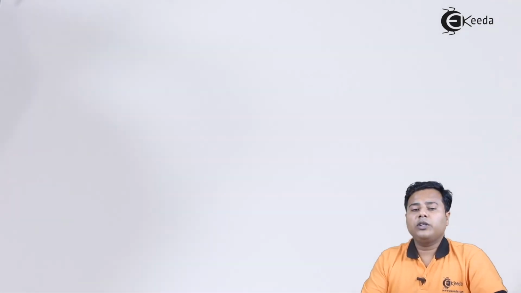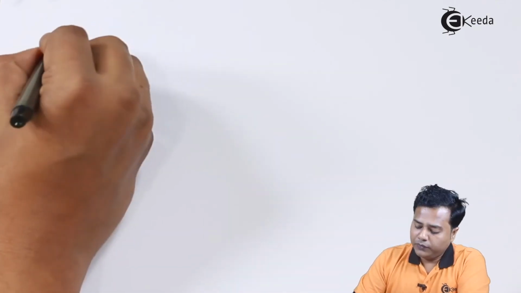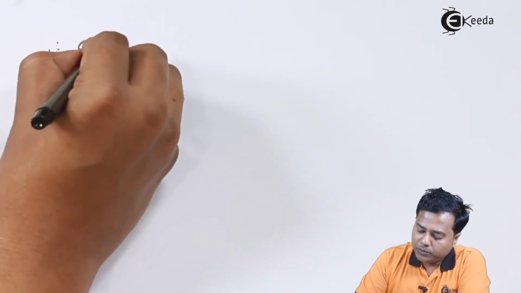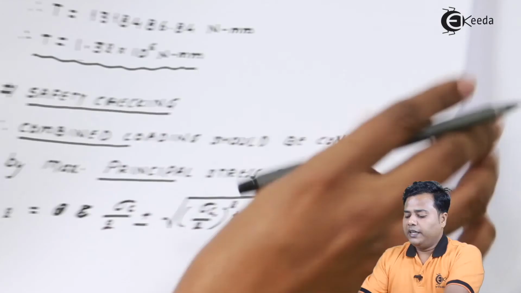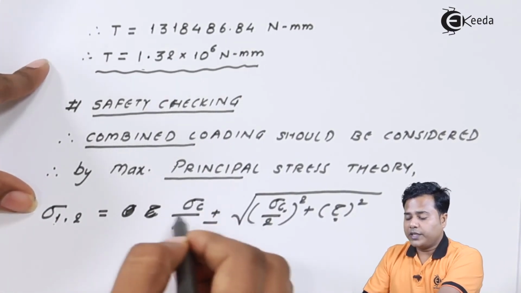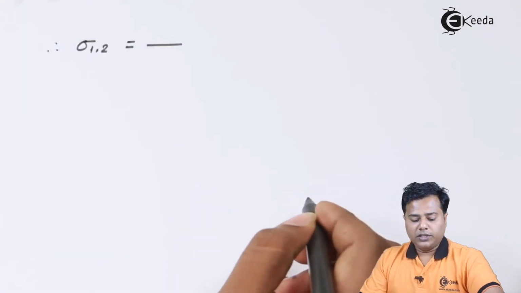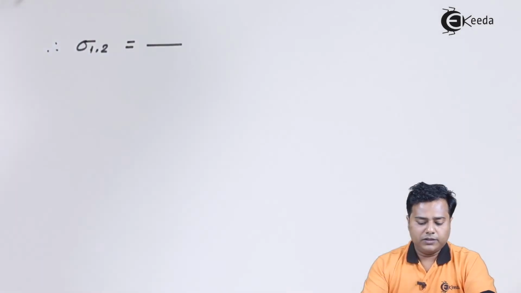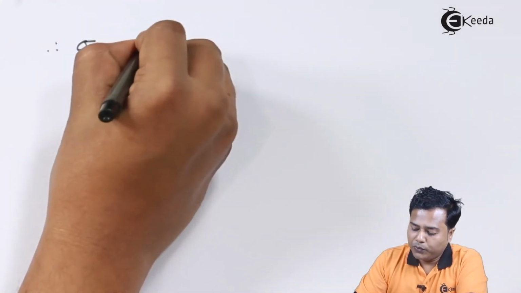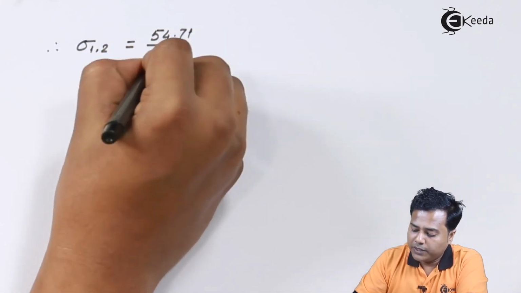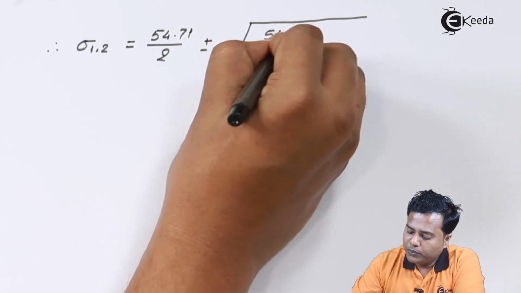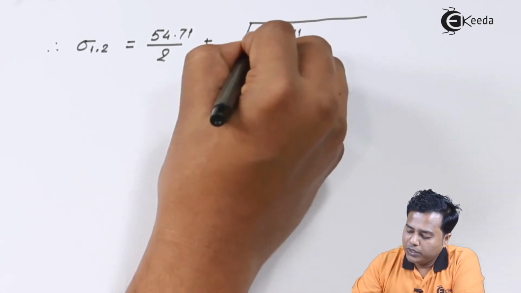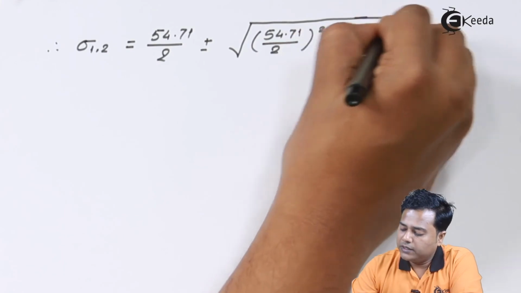In this case, we are going to compare the principal stresses with the allowable value of stresses. Therefore, principal stresses sigma 1, 2, as we have seen in the formula, are given in terms of the compressive stress and the shear stress. So it comes out to be 54.71 divided by 2 plus minus square root of (54.71 divided by 2) squared plus tau squared.